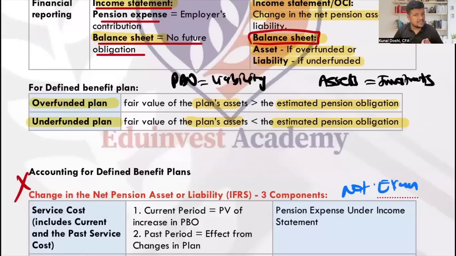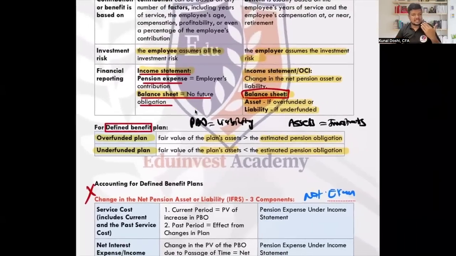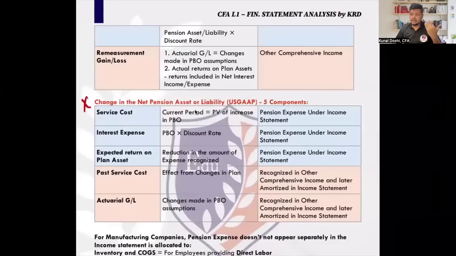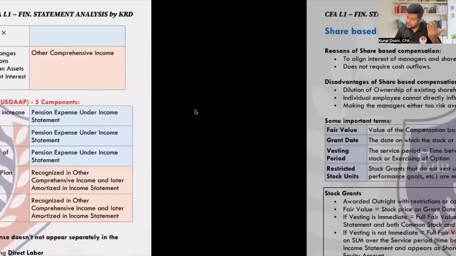So on the balance sheet, if your plan is overfunded, an asset is recorded. If your plan is underfunded, a liability is recorded. This only happens with which plan? Defined benefit, not defined contribution. With defined contribution, there is no effect on the balance sheet. Is that clear, everyone?